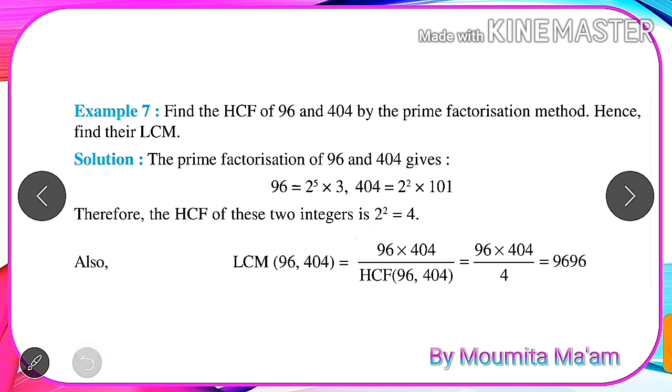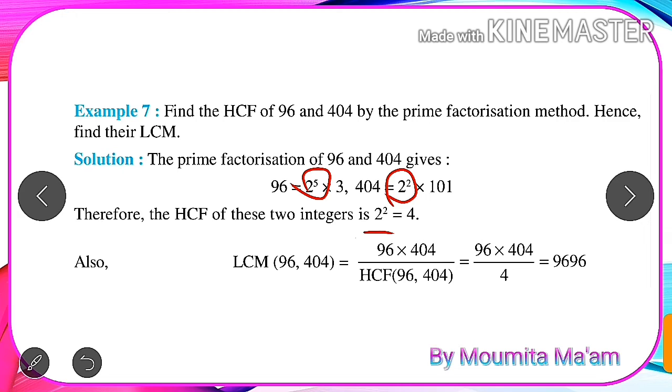Because as we can see, there is only one common prime between 96 and 404, that is 2, and the smallest power of 2 here is 2. Therefore, 2 to the power 2, that is 4, is the highest common factor of 96 and 404. That means 4 is the highest number that can divide 96 and 404 without leaving any remainder.